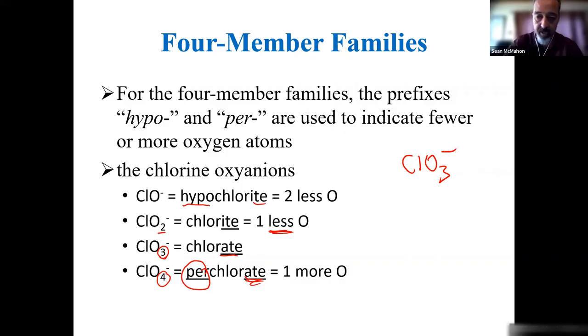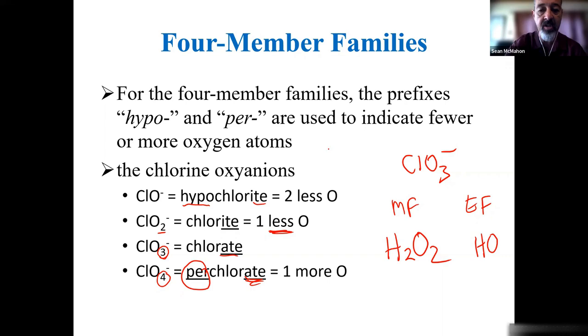Why per? The very first lecture of this chapter, does anyone remember what I said the name of this was? The H2O2? Because remember, this is the molecular formula, and I said the simple formula is HO, the empirical formula, but it's actually H2O2 because when we do the Lewis dot structure, we have hydrogen. Here's my oxygen. Here's another oxygen. And here's another hydrogen.